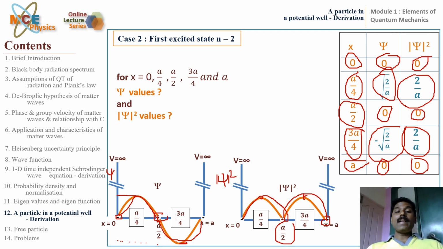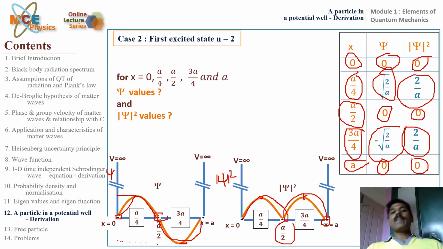So when a particle goes to higher and higher energy levels, the probability of finding that particle also increases. When it is in the ground state, probability of finding the particle is only at the center of the potential well, whereas when the particle is in the first excited state, there are two probabilities.